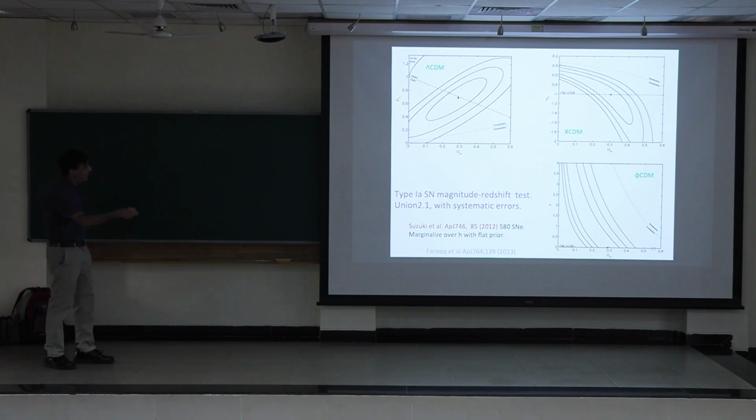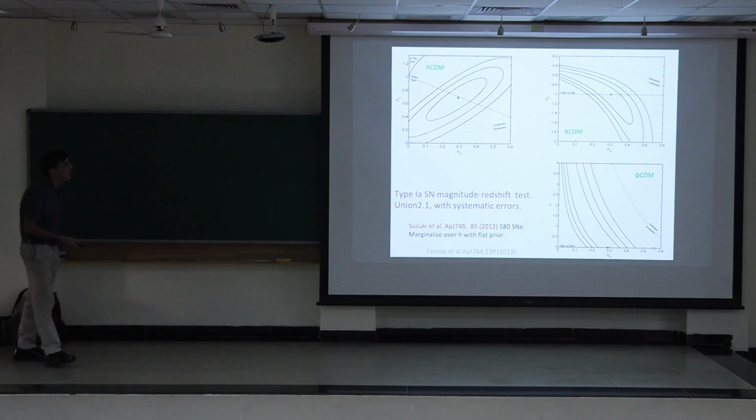This line is Wx equal to -1, so it's the cosmological constant. And because this is spatially flat, this line is identical to this line. I'll come back to that in a second. And alpha equal to 0 also corresponds to a cosmological constant. So if you pick any value of omega matter, say 0.3 on this line, that's identical to the model here at omega of 0.3, and it's identical to the model here of omega 0.3.